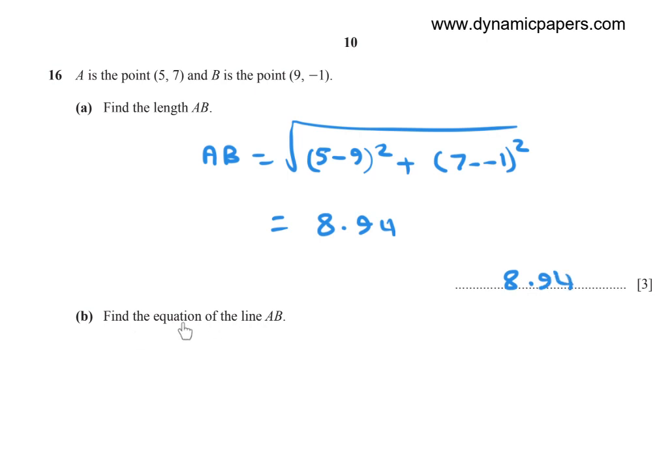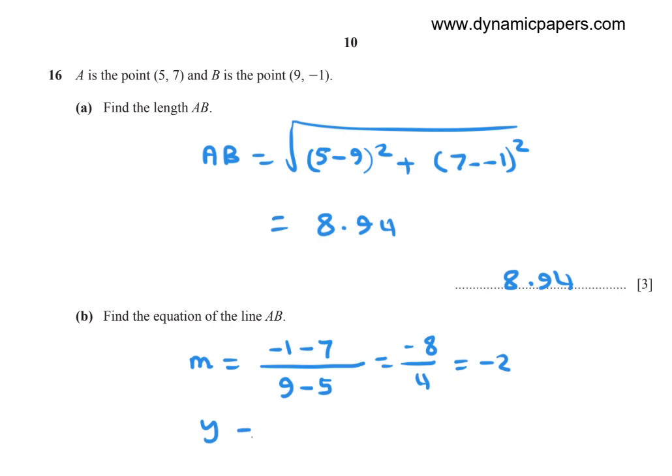Find the equation of the line AB. For the equation of the line, we need to find the gradient of the line. y2 minus y1, so negative 1 minus 7, over x2 minus x1, so 9 minus 5, so negative 8 over 4, so negative 2. So the equation of the line is y equals negative 2x plus c.